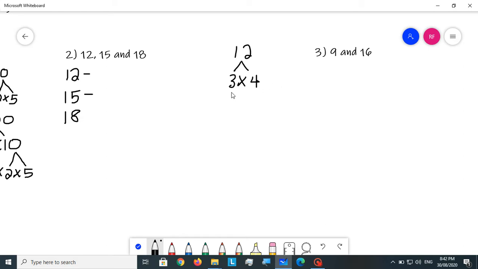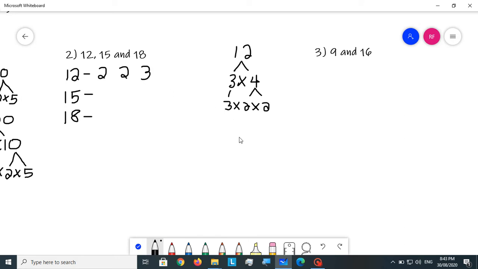Next, 3 is already a prime number, but 4 is not. So you just bring 3 down and then prime factorize 4. That would be 2 times 2. All of them now are prime numbers, so write them aligned to 12: 2, 2, and 3.